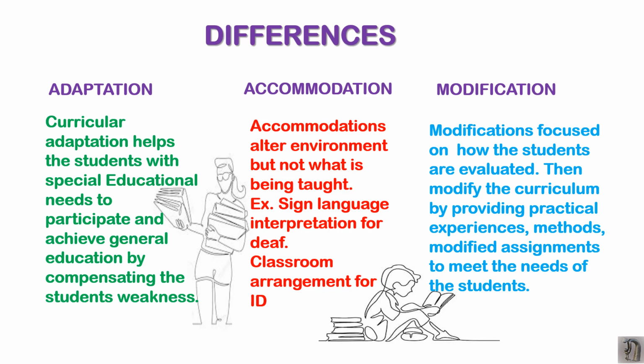So modification is for evaluation, accommodation is for environmental change, and curriculum adaptation is to help achieve the general objectives of the society or of the curriculum. That is important. That's why we are saying adaptation, accommodation, and modification.